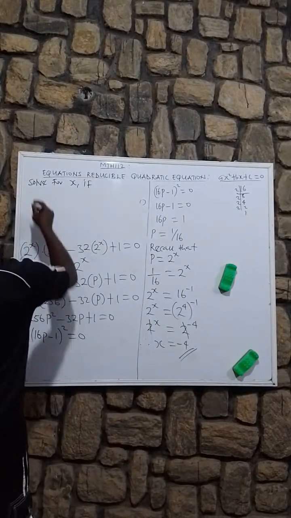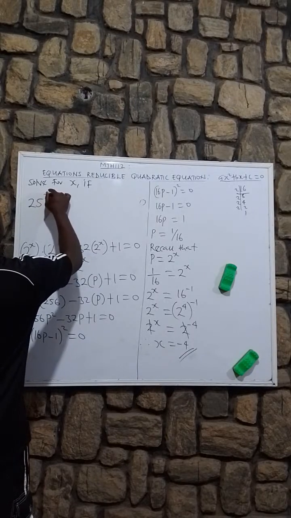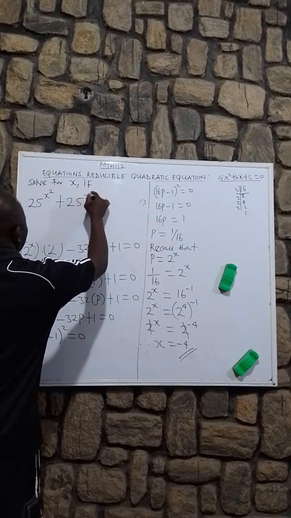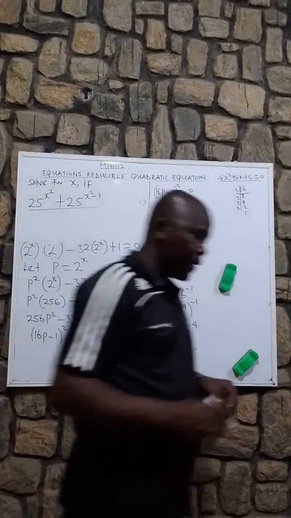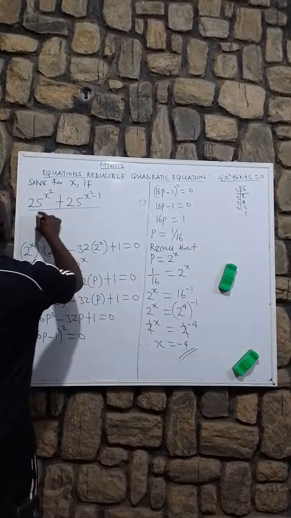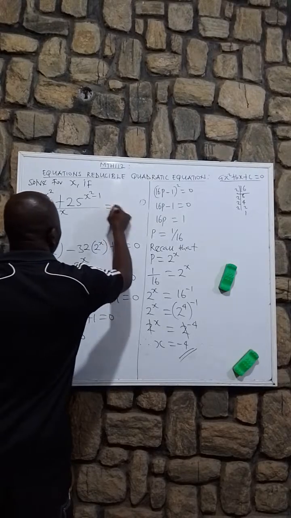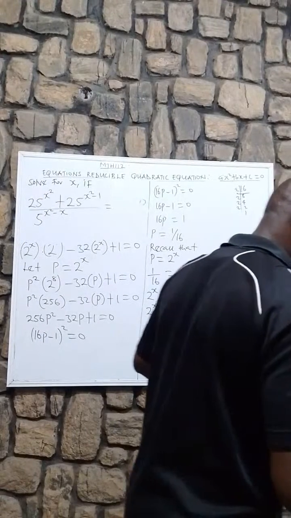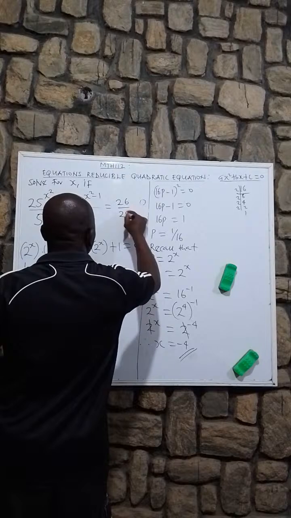If 25 to the power x squared plus 25 to the power x squared minus 1, all over 5 to the power x squared minus x, equals 26 all over 25.